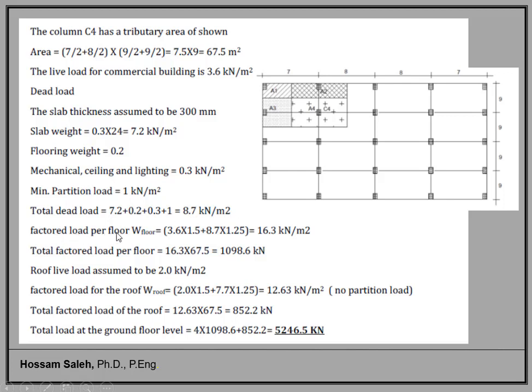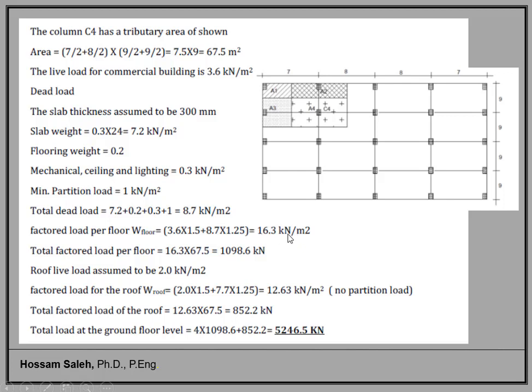The factored load per floor. When we calculate our factored load, we have to account for some safety factors. So the load factor for the live load is 1.5. So I have 3.6 times 1.5 plus 8.7 times 1.25. We discussed that before. So it's 16.3 kilonewton per meter square. So I have the load per meter square.